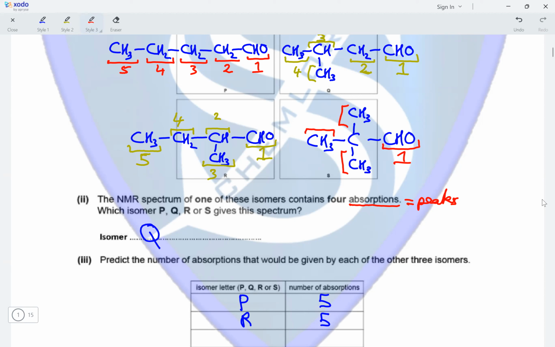So all of these three will have the same environment present. So they will be the same group. So this will only have two absorptions present. So compound S has only two absorptions because of the presence of two different chemical environments.